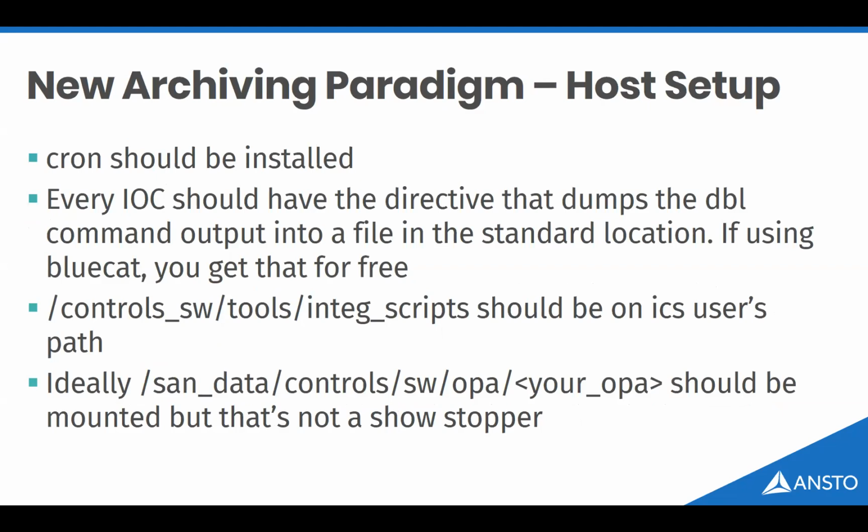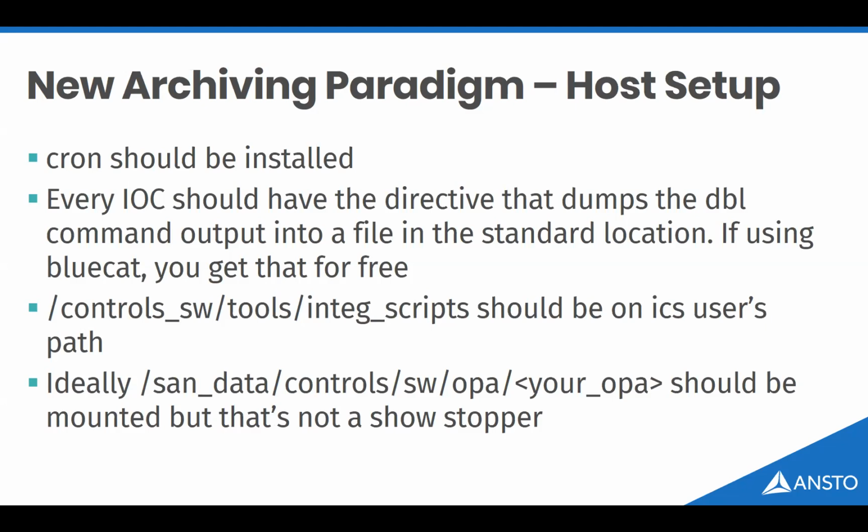So in terms of how you have to set up your host to sync the DBL files, which contain PV names, like I said before, this is all done for you during the platform management, or during the host creation using our platform management process.